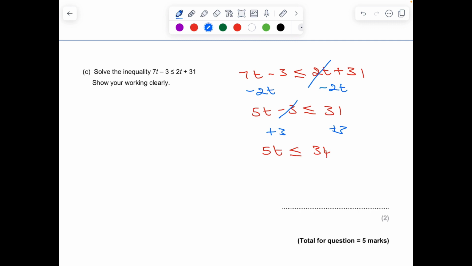And then finally, to get rid of the times by 5, I'm going to divide by 5 to give me t is less than or equal to whatever 34 divided by 5 is, which is 6.8. I was trying to work that out in my head. And so you just leave the answer like that. And that's it.